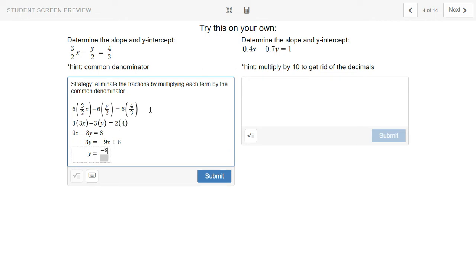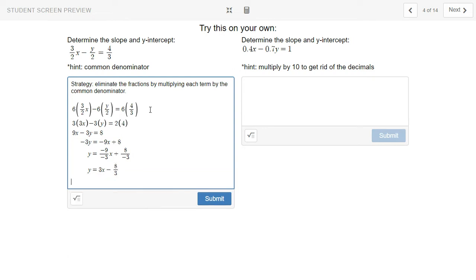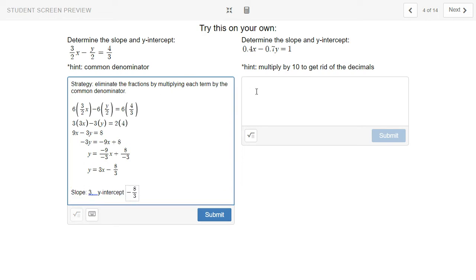So negative 9 divided by negative 3 is 3x, plus 8 over negative 3. Our equation now simplifies to y equals 3x minus 8 over 3. So the slope is 3, and the y-intercept is negative 8 over 3.